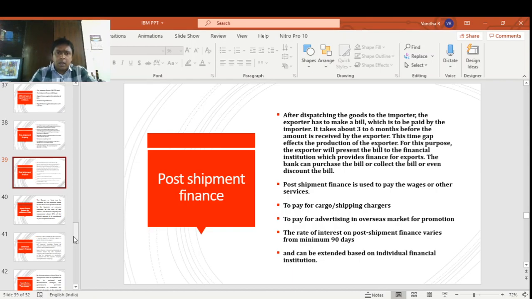So this is the post shipment finance. Like I've told you, you may have to pay the cargo or shipping people. They do not agree to credit because you do not know the ship manager or the shipping company, so you have to pay them. It is used to pay the wages of the services, which can be the transportation from your state to the port, all these things.